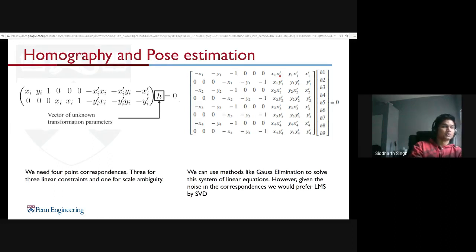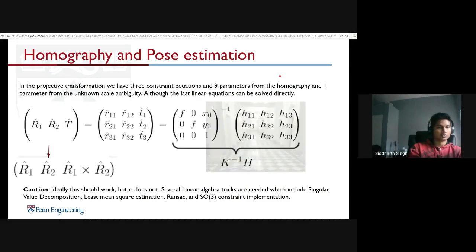It would just become more accurate because now we have more data being used to solve the set of linear equations. So we solve it in the sense of a least mean squares problem. This is the second trick that we use.